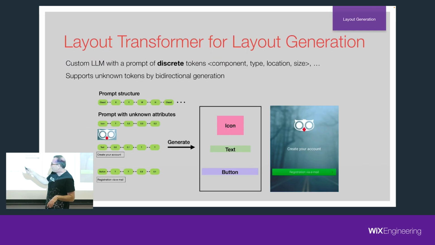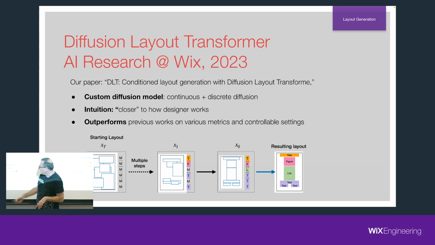Basically, you start with something that you don't know, right? You're saying, I don't know, I want to have 1, 2, 3, 4, 5, 6 components. I don't even know their types, right? And the system starts to work, and after a few steps, we say, okay, this should be the title, this should be the figure, this should be the text.